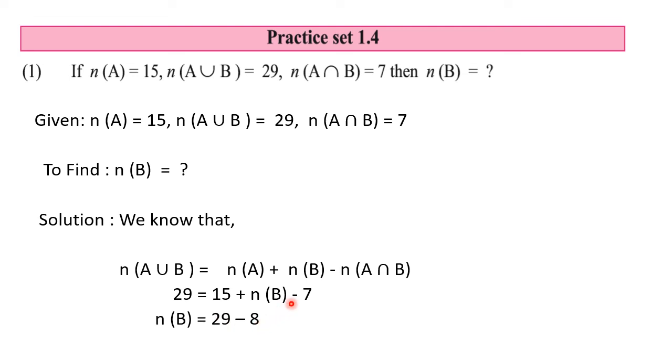Actually, what I have done is, here 15 minus 7, that is 8, I have shifted here, and n of B is on the right hand side. But while writing I wrote it properly: n of B I wrote here, and these two terms from the left hand side I wrote on the right hand side. Only a change of side is done. So n of B is 29 minus 8, that is 21.